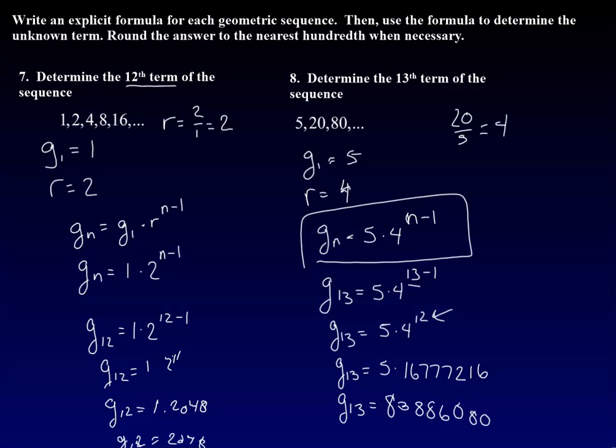You saw me use the graphing calculator or the Desmos to calculate 4 to the 12th, which is this number here. We do 5 times that number and we get our final answer. And that's how we use the explicit formula for geometric sequences.